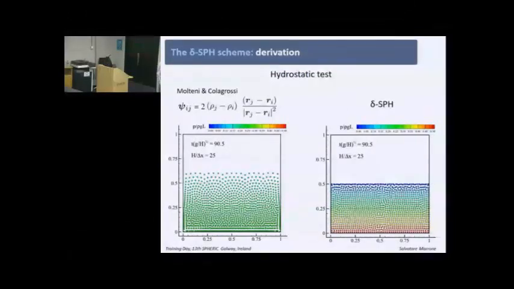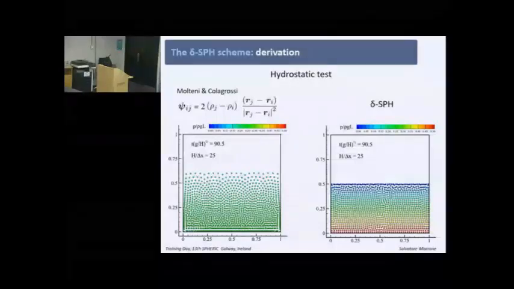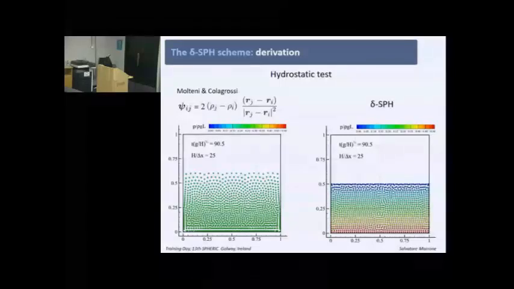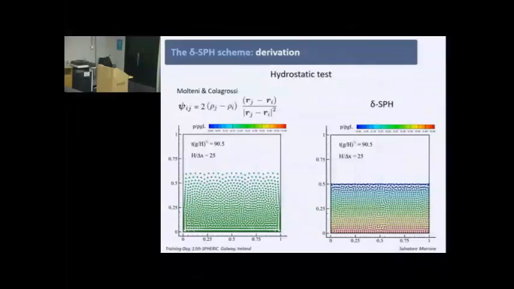Here, since the gradient of the density goes as the hydrostatic, we have a gradient of the density that is different from zero, and so we have a term that gives mass to our particles. Okay, so the particles are getting wrong values of the density due to the truncation of the kernel, while in the delta-SPH, the addition of our renormalized gradients allows a good reproduction of the hydrostatic distribution.